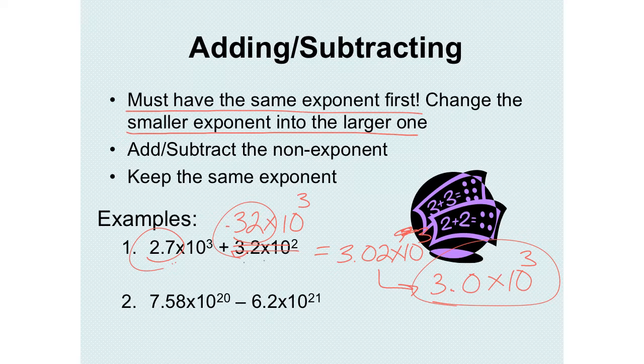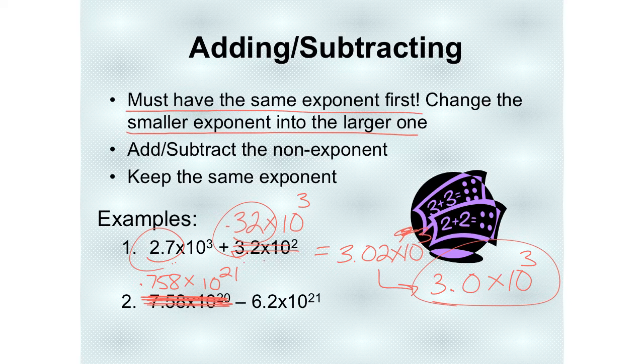Subtraction, same idea. We want to make their exponents equivalent. So we're going to change the smaller into the larger. So this is going to become 10 to the 21st and 0.758 for the coefficient. Again, since I upped the exponent by 1, I have to decrease the coefficient by 1 place. Then I'm going to subtract. I'm going to end up with a negative number, and that's perfectly fine.